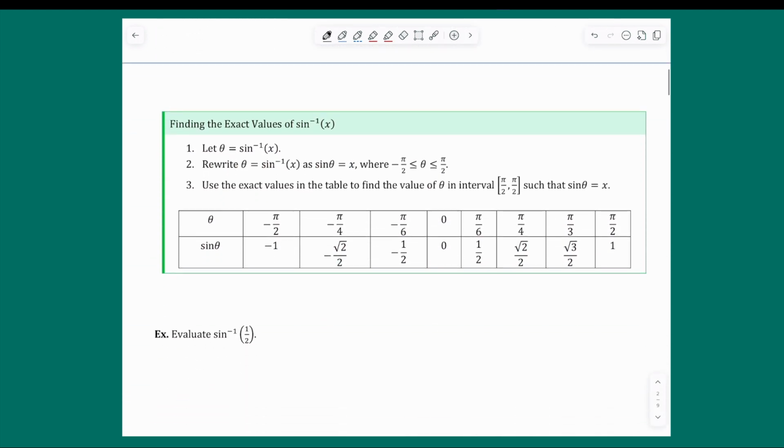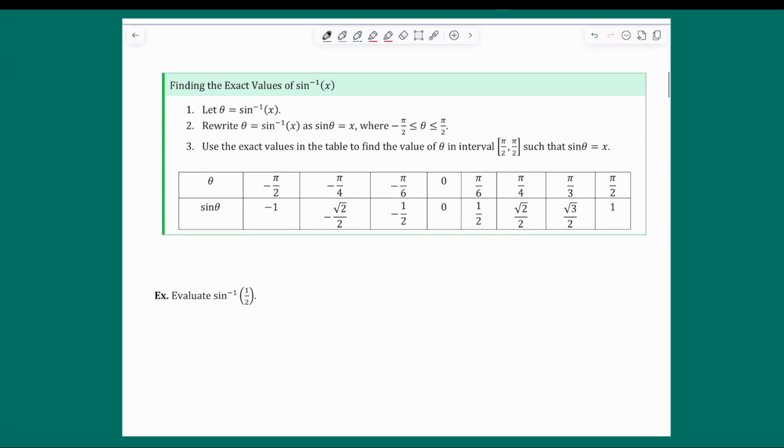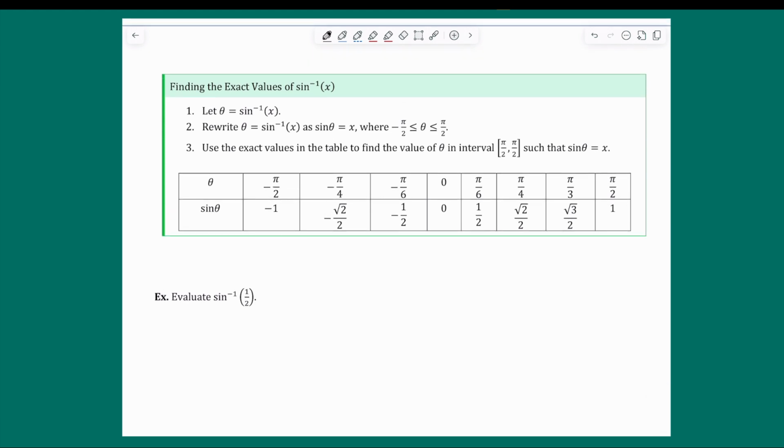Okay, so then let's see how we can find exact values of sine inverse. So the way you can do this is follow this scheme here. You let theta equal sine inverse of x, and then rewrite this as sine theta equal to x, where negative pi over 2 is less than or equal to theta, and theta is less than or equal to pi over 2.